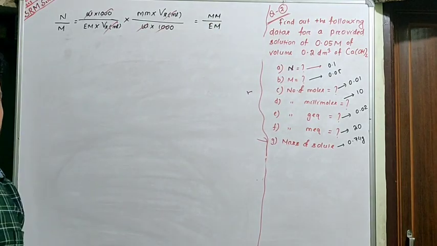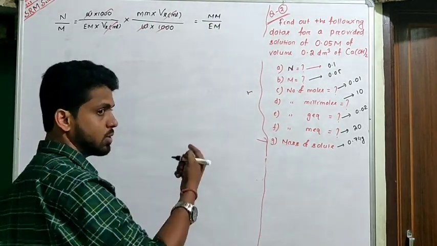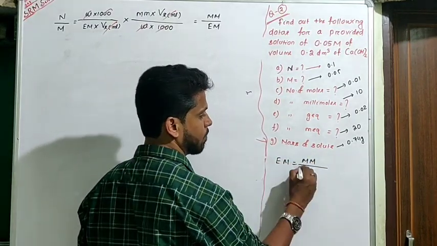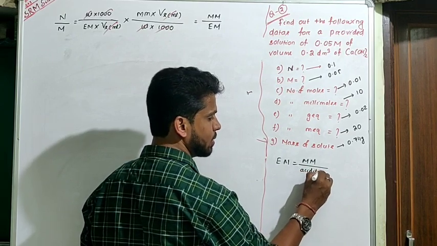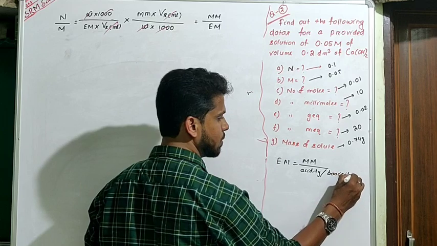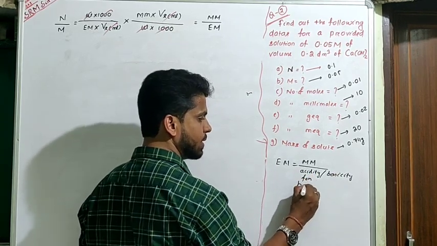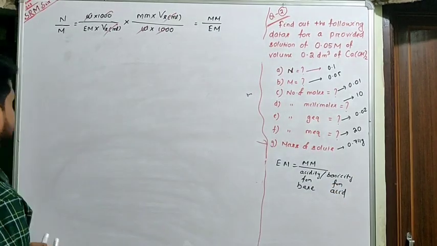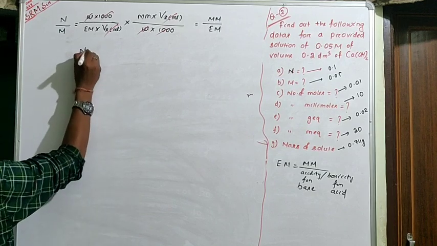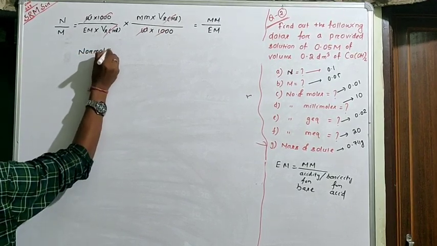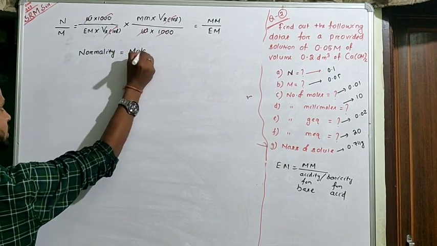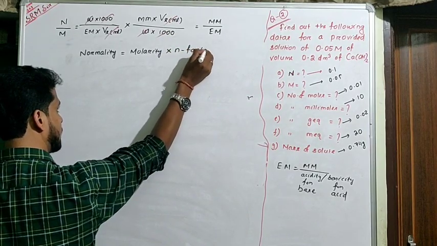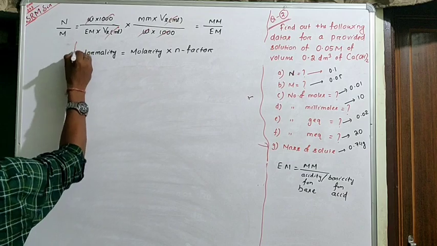We know equivalent mass is molecular mass by acidity or basicity, acidity for a base and basicity for an acid. So in general, normality is equal to molarity into n factor. This is the formula you have to remember.